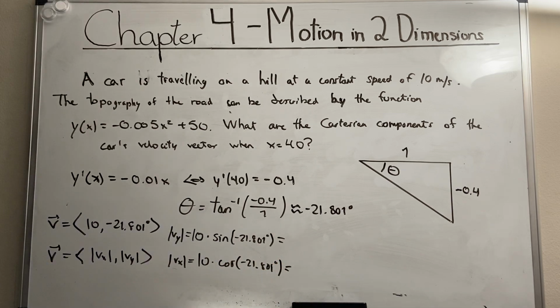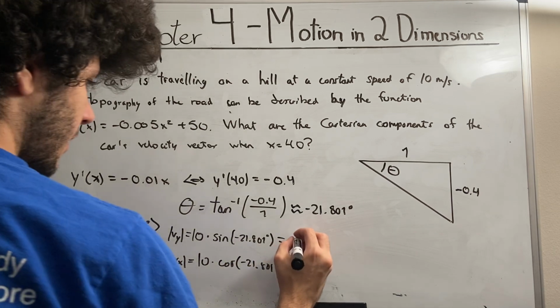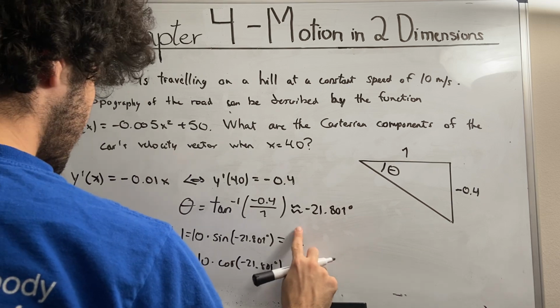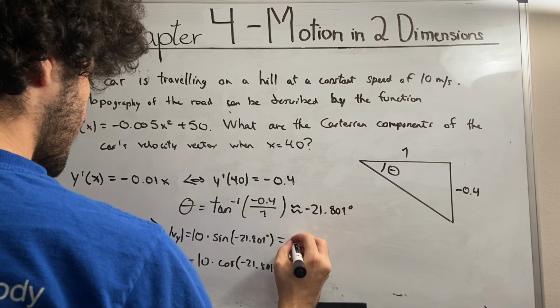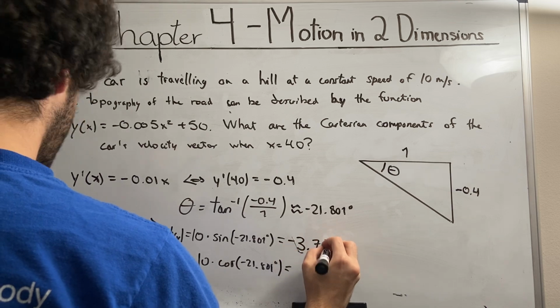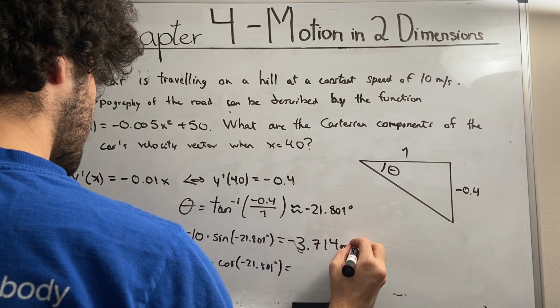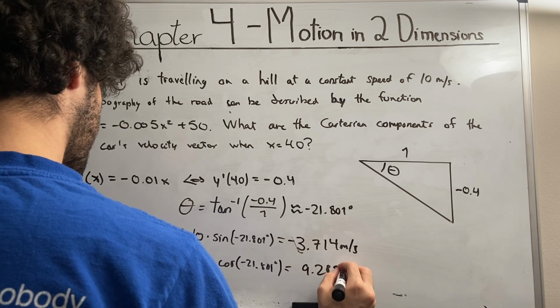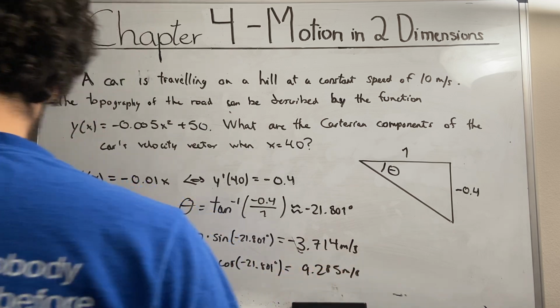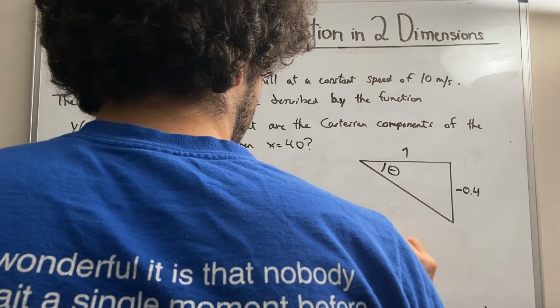What do we get? We get negative 3.714 meters per second, and we get 9.285 meters per second. And with that, we have our answer.